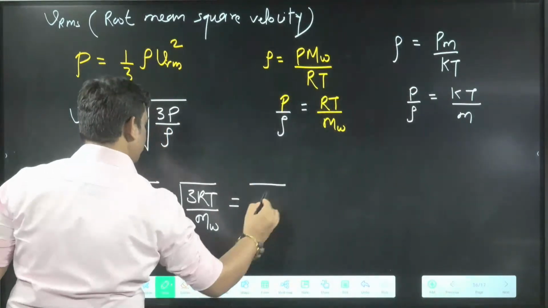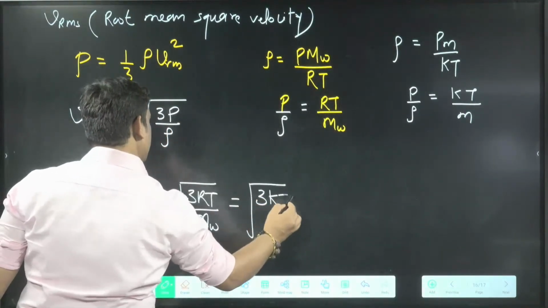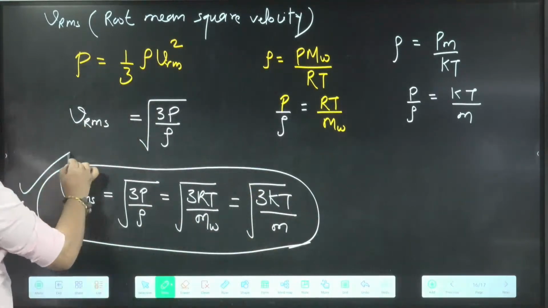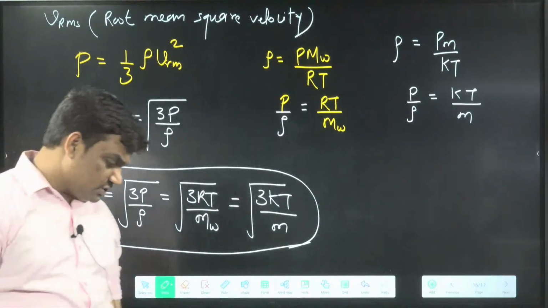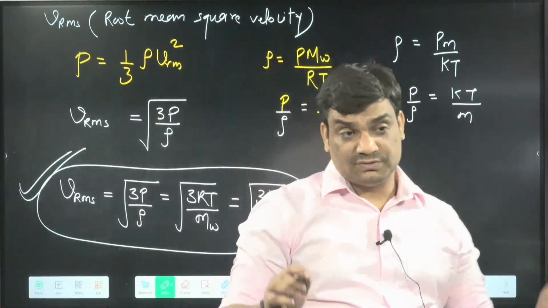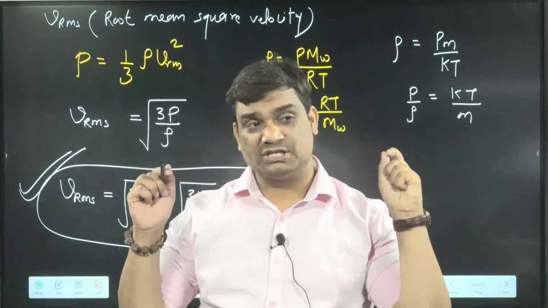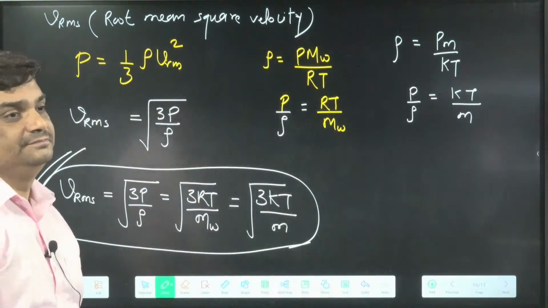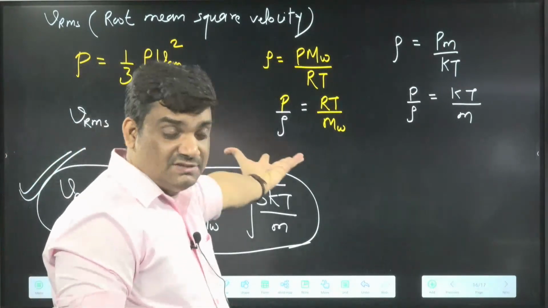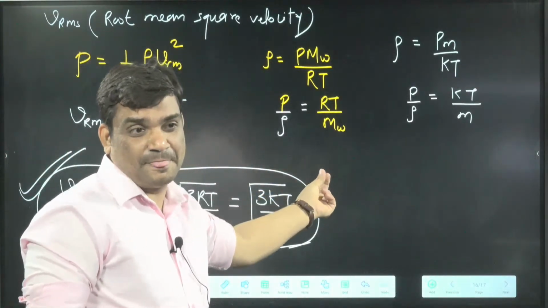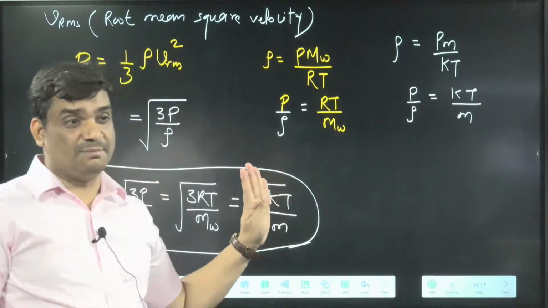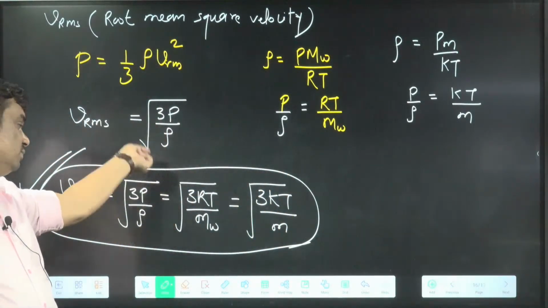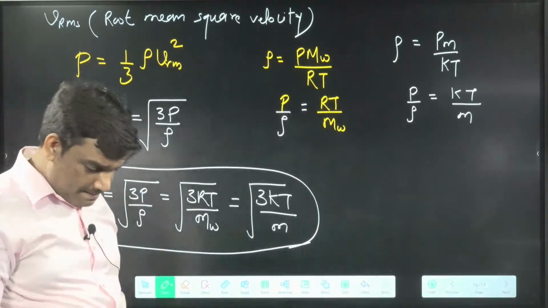So we got three formulas: root of 3P by rho, root of 3RT by MW, and root of 3kT by small m. All three formulas you have to keep in mind, not only one.